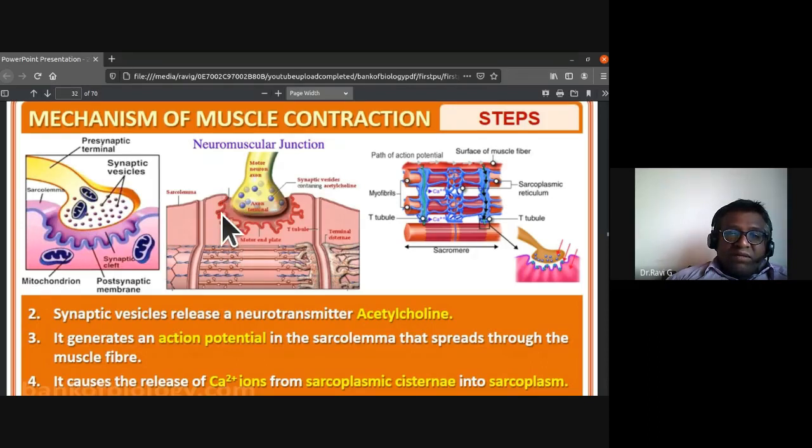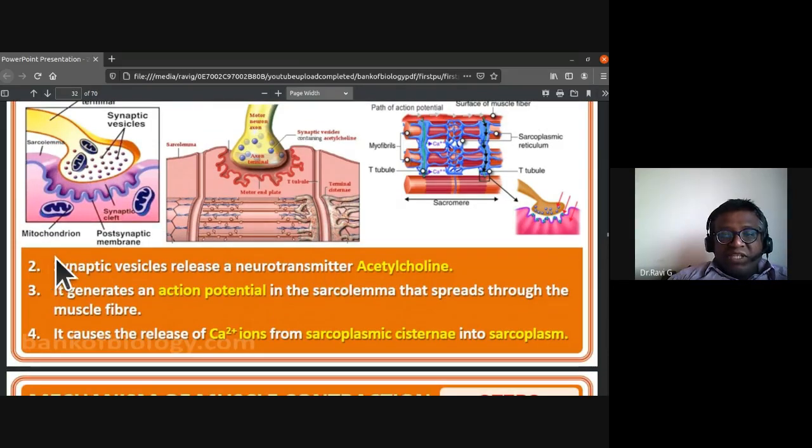Once this action potential is created on the sarcolemma, it causes the release of calcium ions from the sarcoplasmic cisternae into the sarcoplasm.